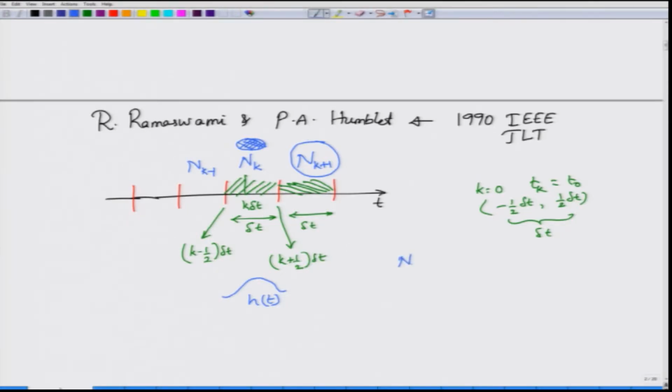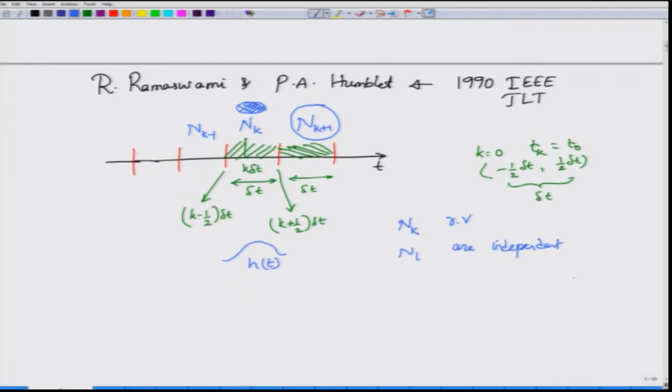In other words, if you consider n_k as a random variable, then n_k and n_l, where k and l are two different non-overlapping time intervals, are considered to be independent. Okay. What would be the total current? Remember, this is just the number of photons that are emitted.